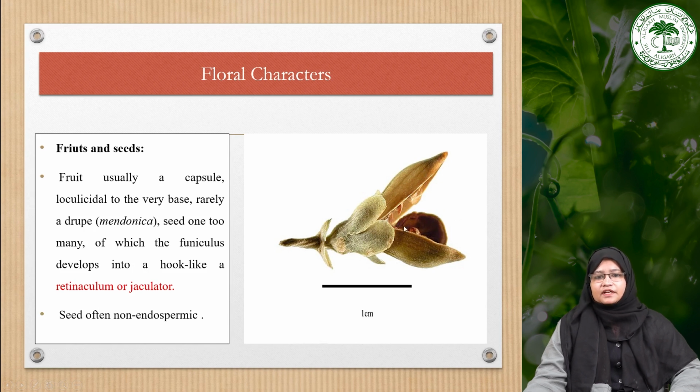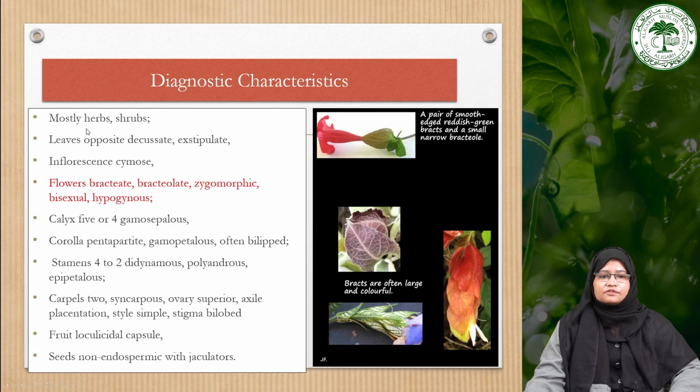Here we can see the dehiscence of the fruit capsule, and at the base of the seed, in this particular fruit, there is a non-endospermic seed, showing the seeds have a jaculator mechanism for dispersal. So this one is the diagnostic character of this particular family.